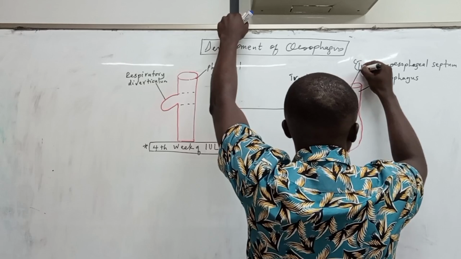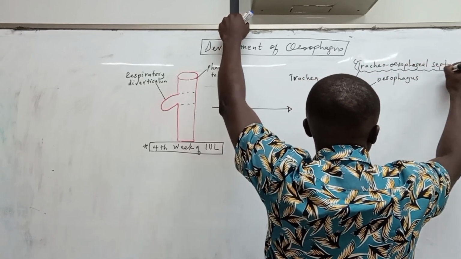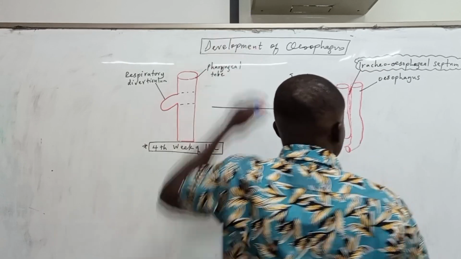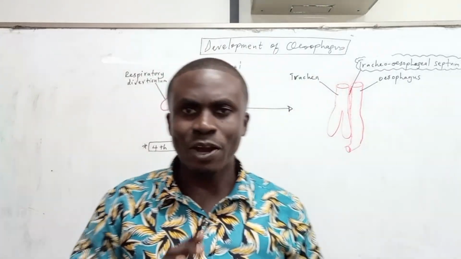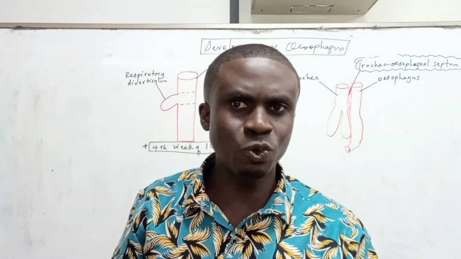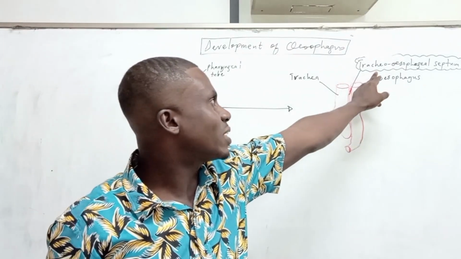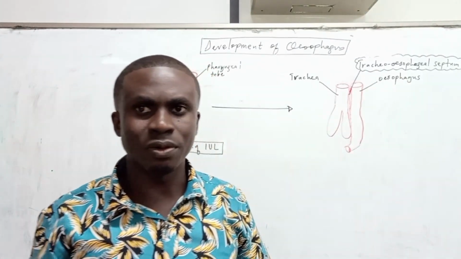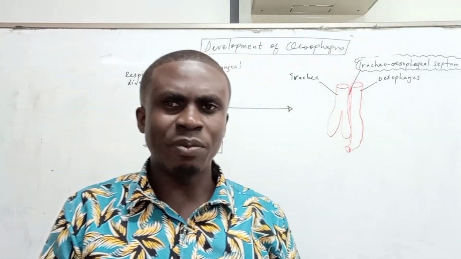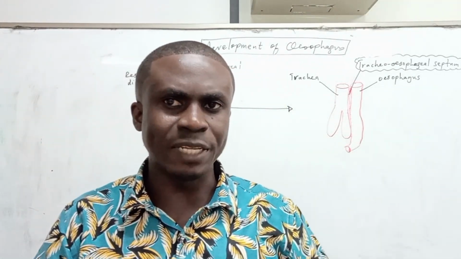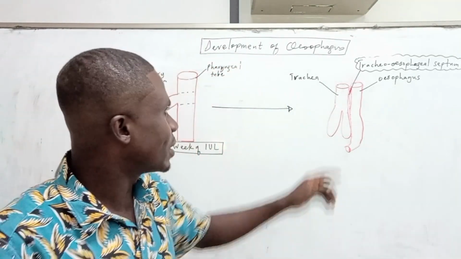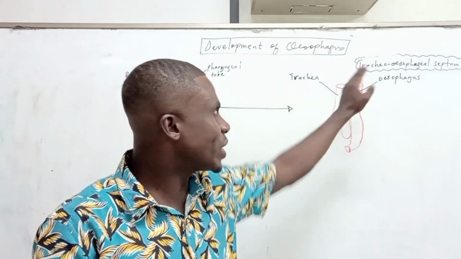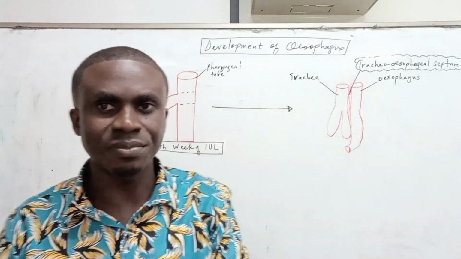Now, this septum is extremely important, for the reason that most times, one thing we will see is that this oesophageal septum sometimes may not form completely, so that there's still a connection between the trachea and the oesophagus. Something we call tracheoesophageal fistula.